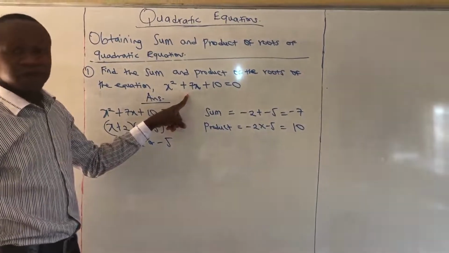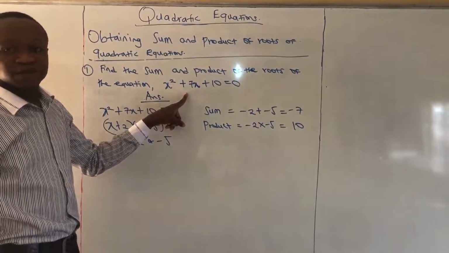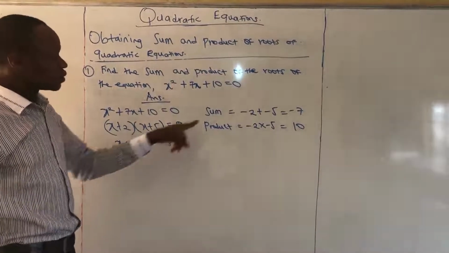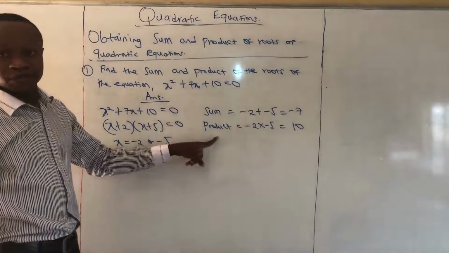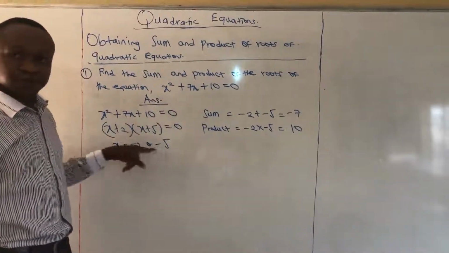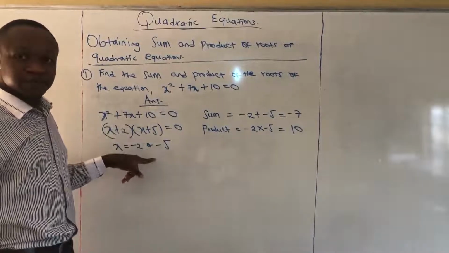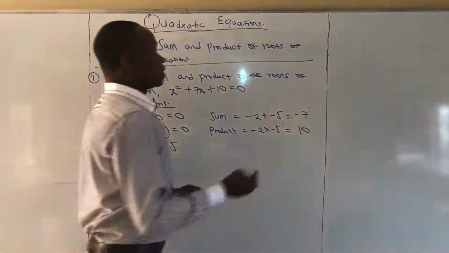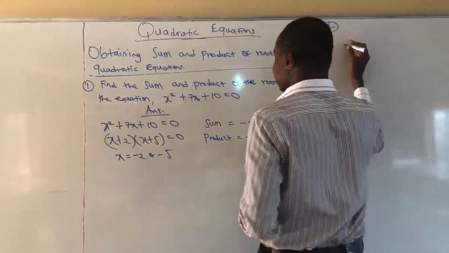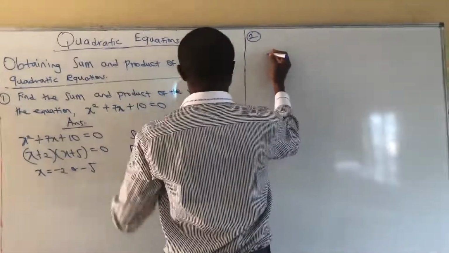Some of them will end up having complex roots. So you can't easily obtain the roots for you to find the sum and product. Some of them, you can get the solution using factorization.